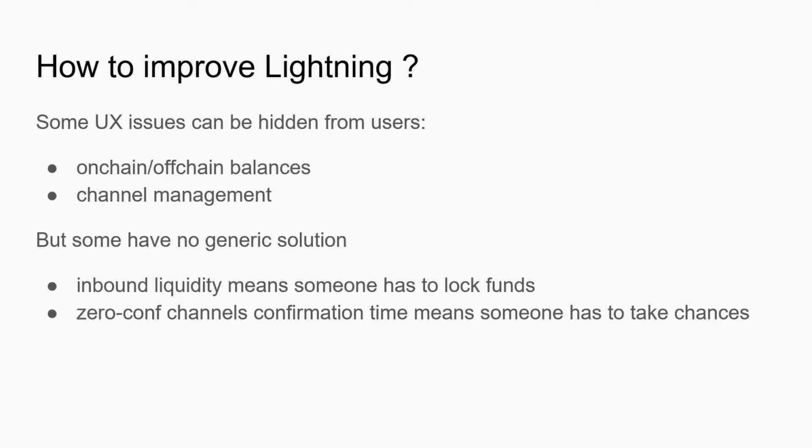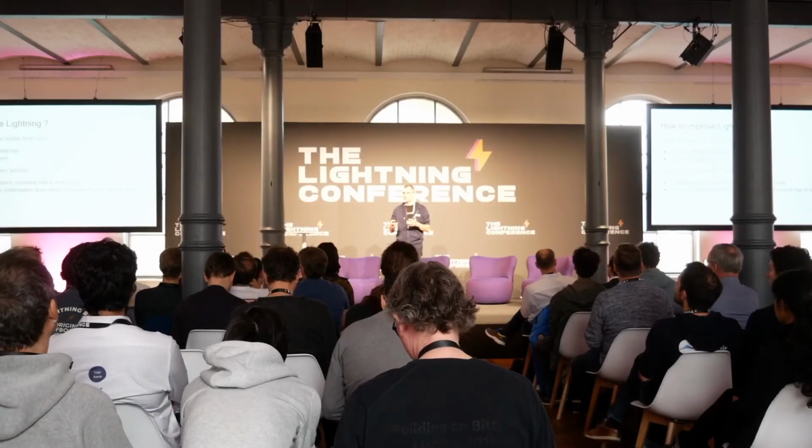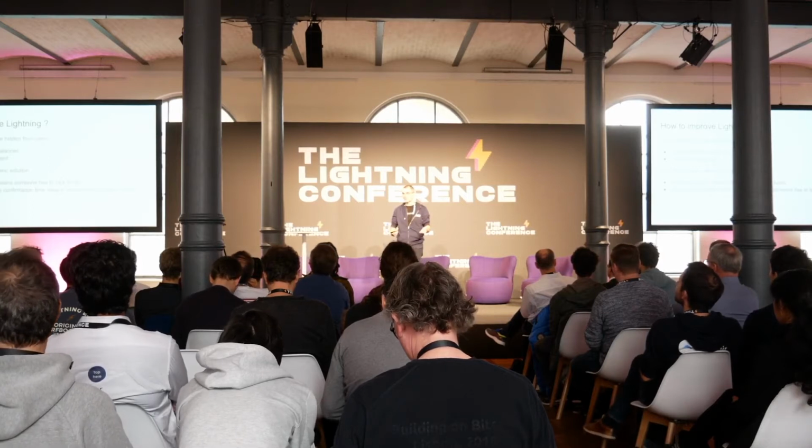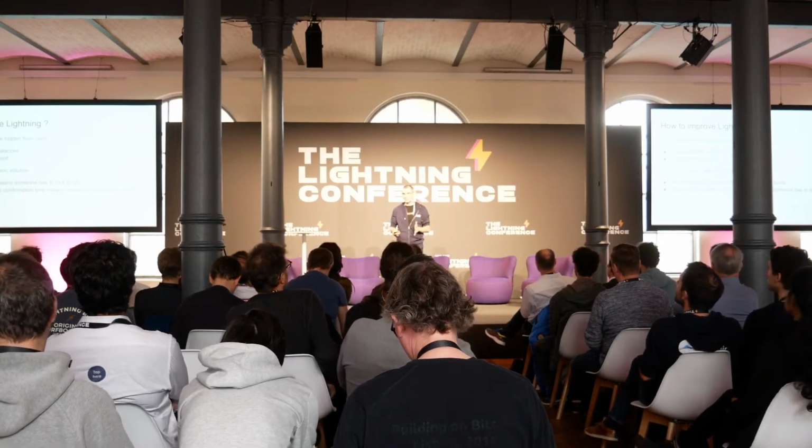You have to make trade-offs. You have to make choices. Inbound liquidity means, for example, that you need to lock funds. Zero-conf channels, turbo channels, mean that someone has to take chances, because if the funding transaction doesn't confirm, your channel is gone, and if it's been used, well, maybe someone is losing money. So you need to make trade-offs.